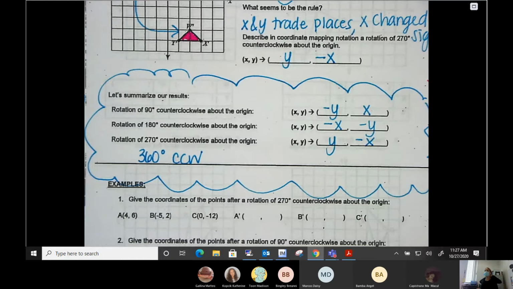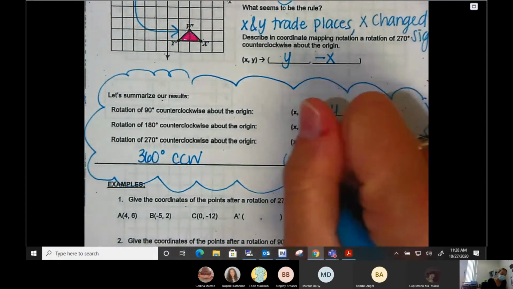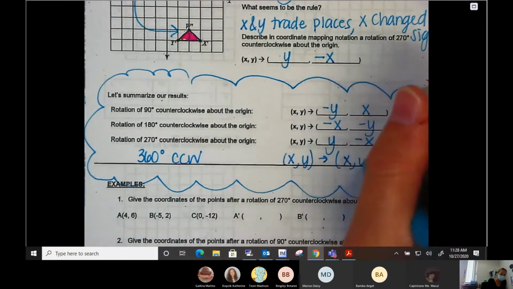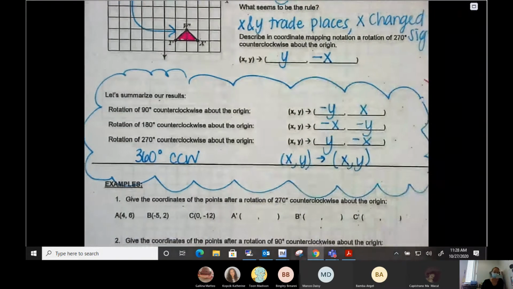Now, if you make a full circle, what's going to happen to your points? They stay the same. Nothing changes about them. So if I ask you to rotate something 360 degrees, it's going to end up right where it started. Nothing's going to change. So if you wanted to write it as a rule, you would put XY becomes literally XY. No change.